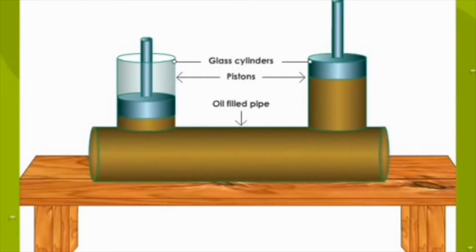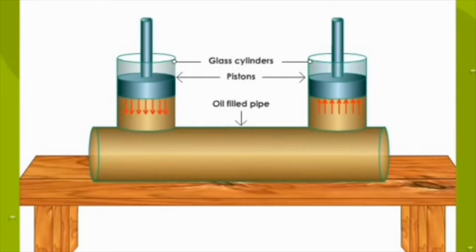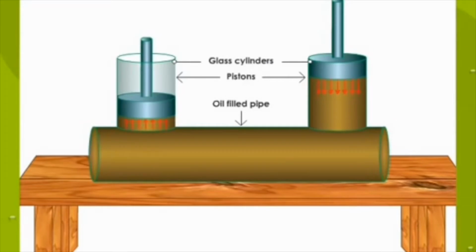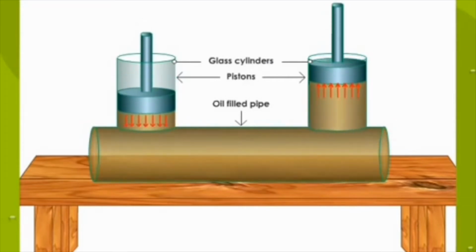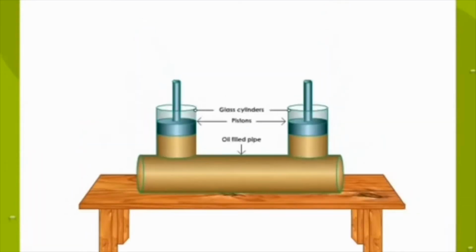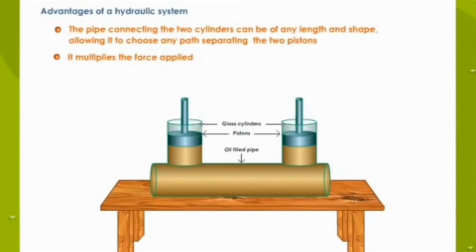When you apply pressure on one piston, it exerts the same amount of pressure on the second piston. The advantages of this kind of hydraulic system are that these two cylinders can be of any length and any shape, which allows it to choose the path separating the two pistons, and it multiplies the force applied.